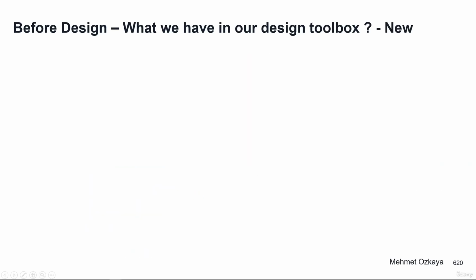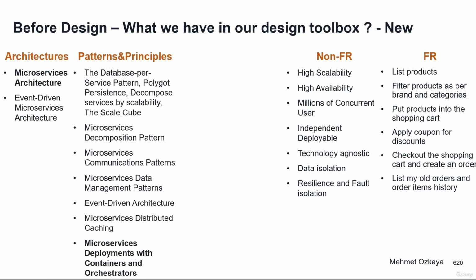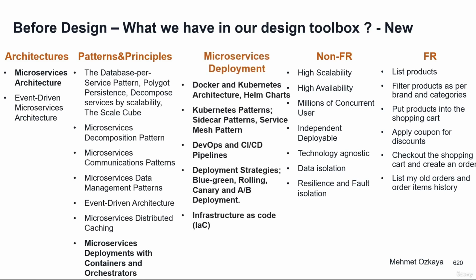But in this section, we have focused on and learned microservices deployments with containers and orchestrators. So you can see all the related patterns and principles that we have learned during this section. We have learned microservices, containers and orchestrators patterns and principles, including Docker and Kubernetes architecture with Helm charts. We also see Kubernetes patterns, which are the sidecar and service mesh patterns, and DevOps and CI/CD pipelines.